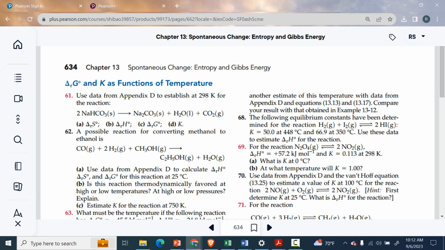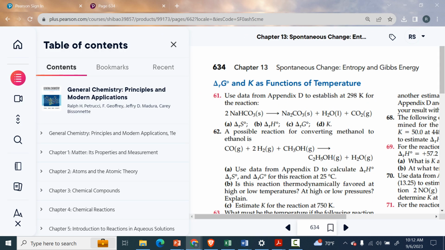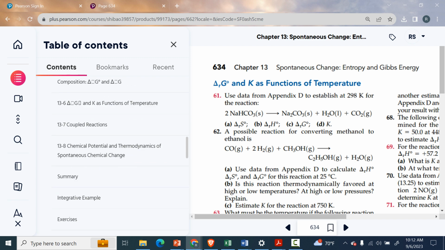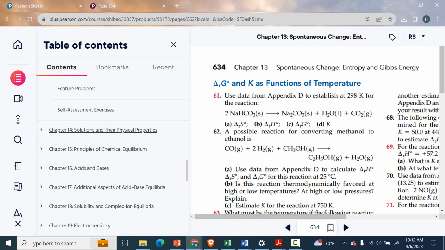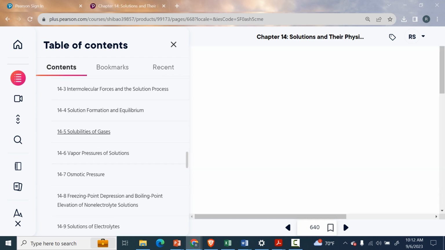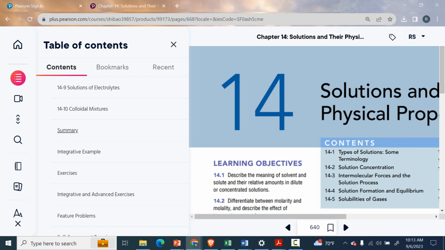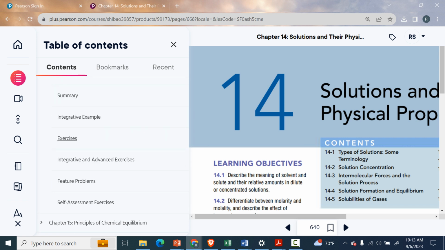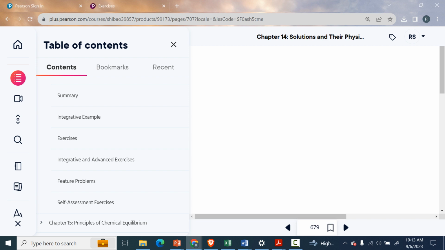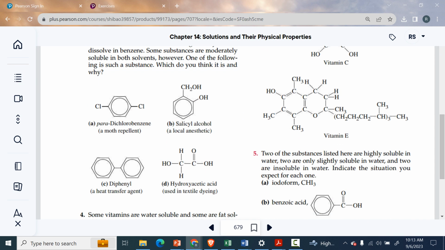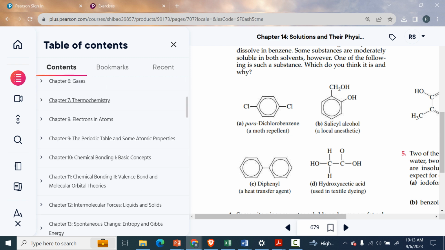All right, let's take a look at another example here, chapter 14. This time we're going to go from the name to the formula. So we'll do a set of these. Oops, not chapter 14, chapter 24.